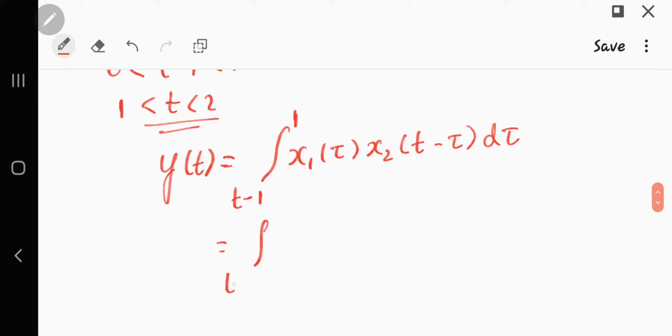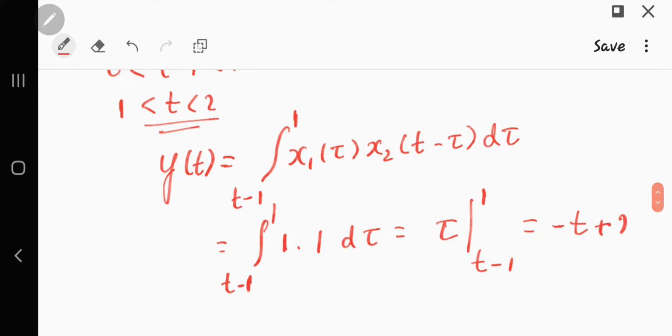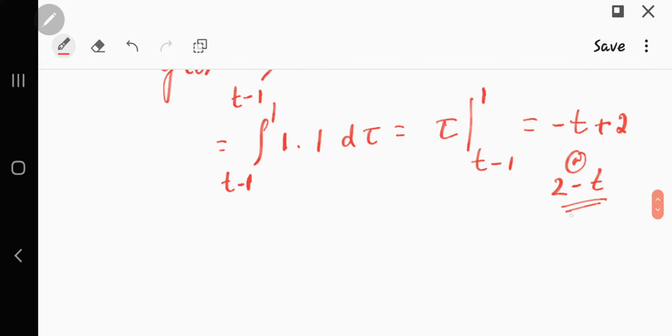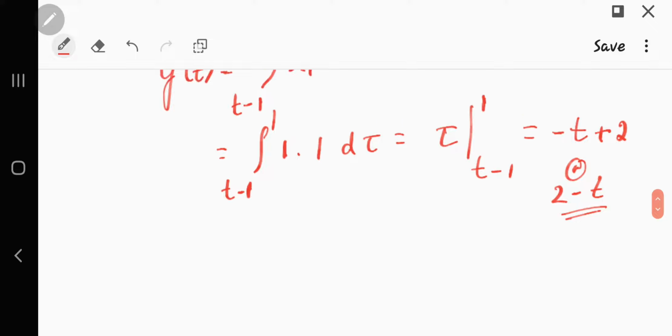Now in this particular region, the value of x1 of tau and x2 of tau is 1. So you will get tau after integration. Apply the limits, and if you simplify this, you should get the answer as minus t plus 2, or you can write it as 2 minus t. So y of t is 2 minus t between 1 and 2.